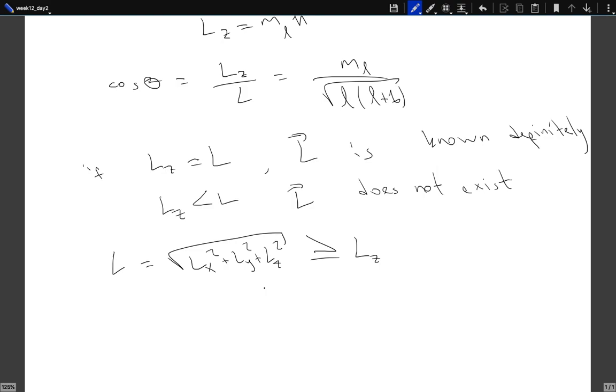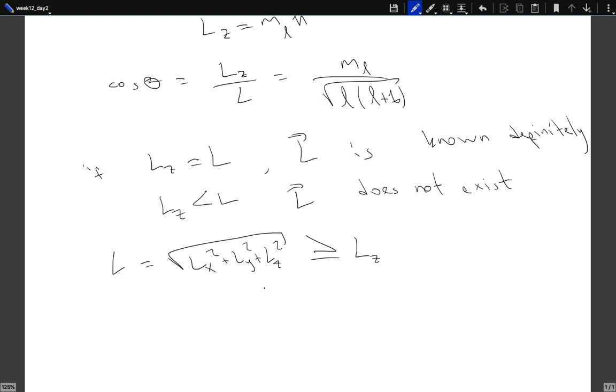What is the uncertainty principle? That is the uncertainty principle we have. We cannot determine the momentum along a direction and the position along that direction simultaneously. You see, we can know the position of a particle along an axis.